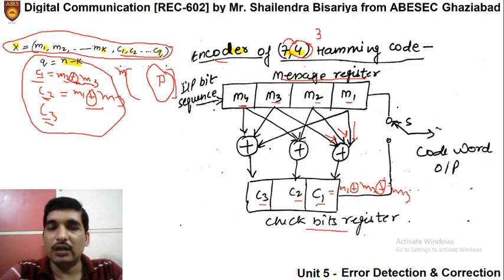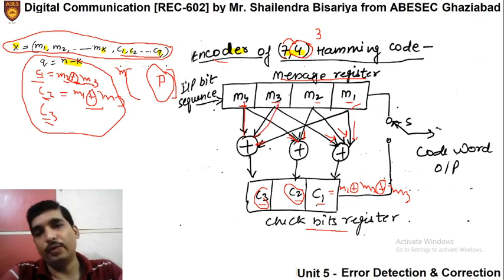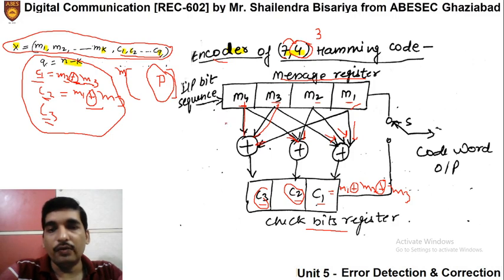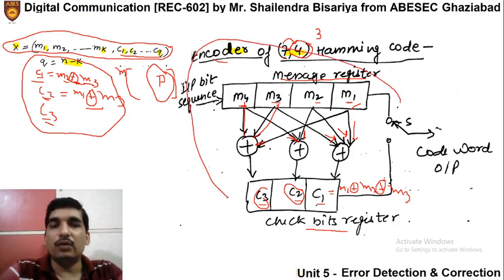Similarly, you can see the expressions for c2 and c3. For c2 you can easily see that it is m2 xor m4, and for c3 it is m1 xor m3 xor m4. So this is how we are designing this encoder.